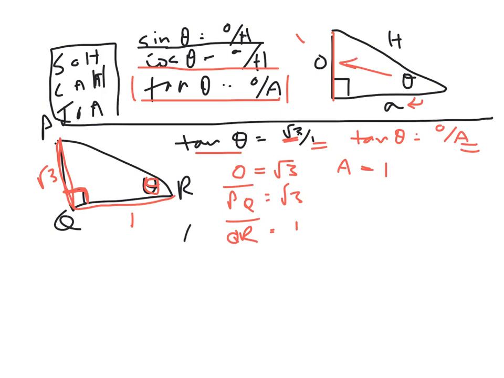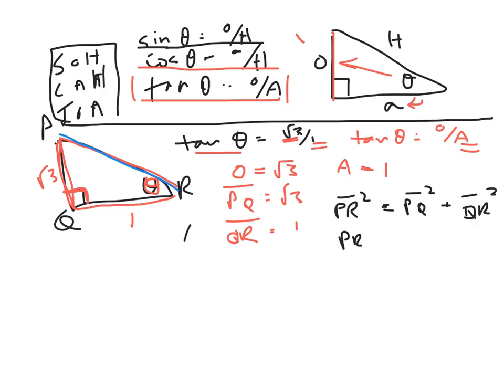So to find the length of the hypotenuse, the side that you're missing, that's just Pythagoras: a squared plus b squared is c squared. So PR, the hypotenuse, squared is equal to the length of PQ squared plus the length of QR squared.